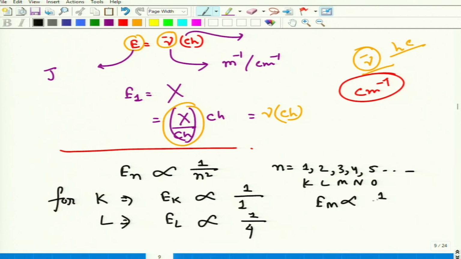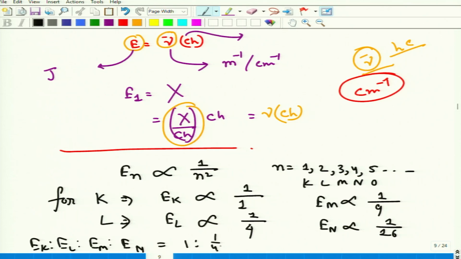Em is proportional to 1 by 9. En is proportional to 1 by 16. So you can write Ek, El, Em, En is equal to 1 is to 1 by 4 is to 1 by 9 is to 1 by 16.